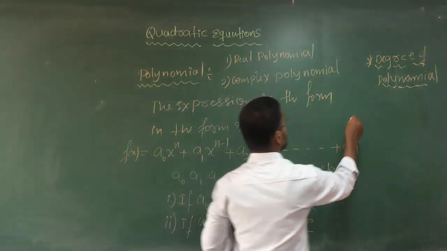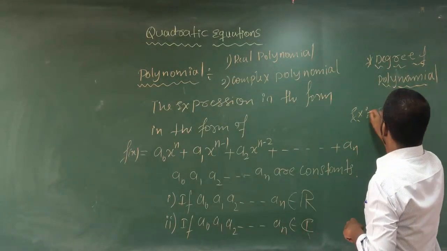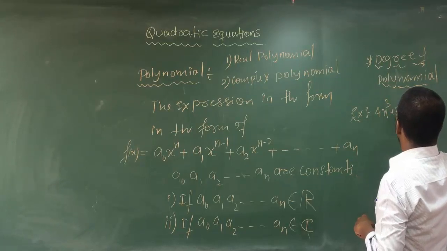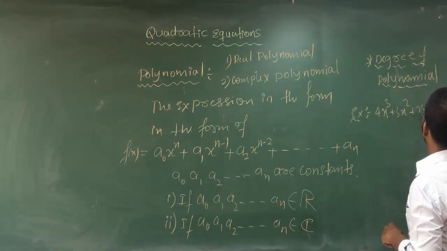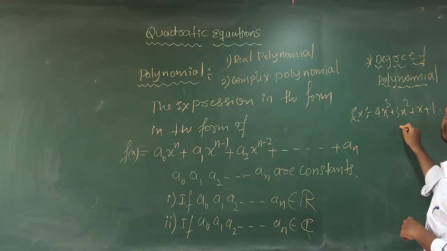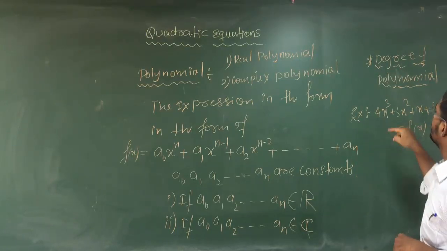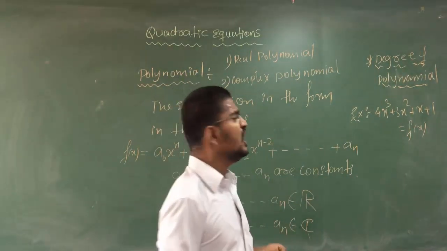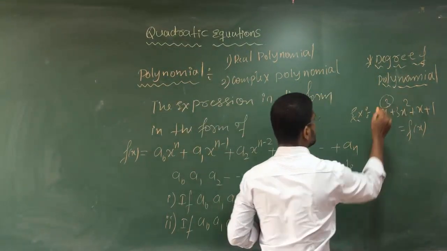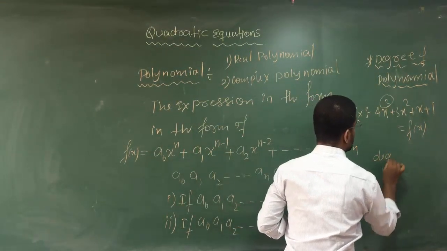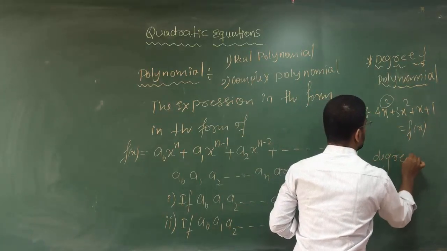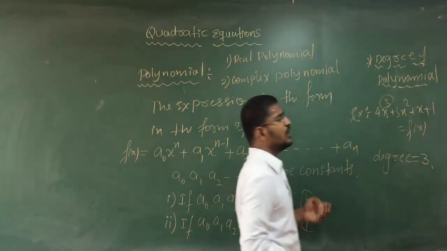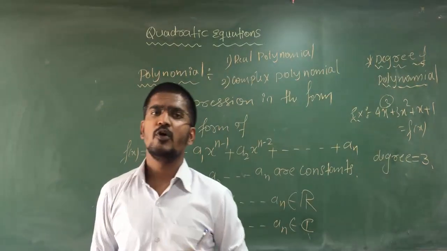For example, 4x cube plus 3x square plus x plus 1 equals f of x. This is a polynomial of degree 3, because the highest power is 3.